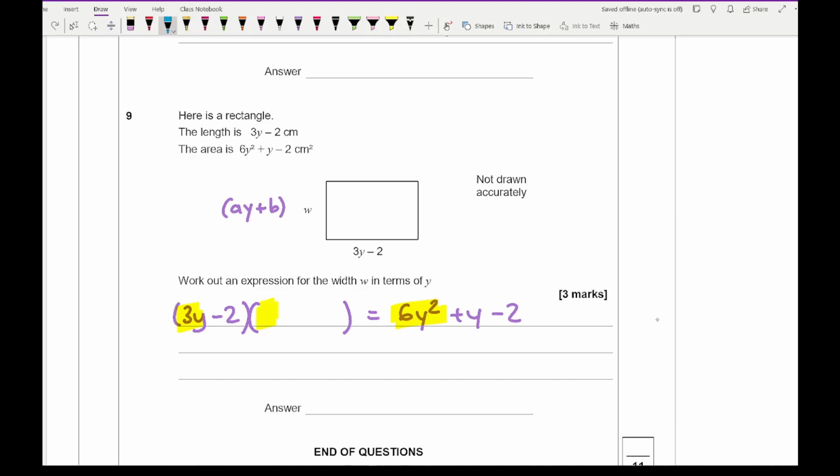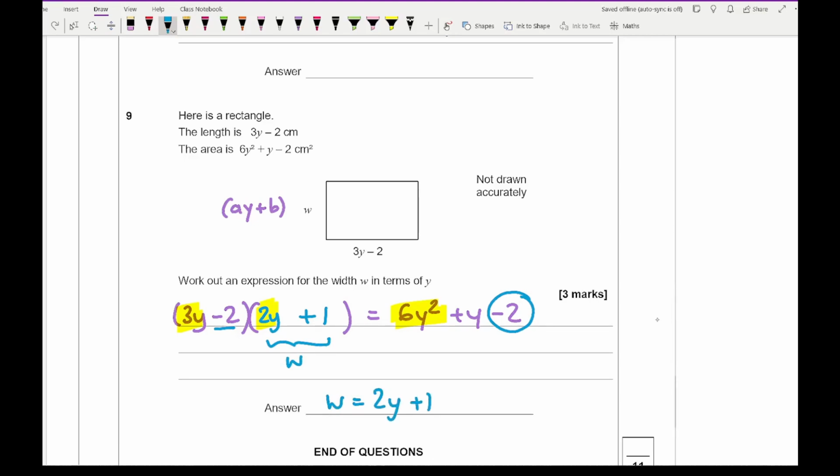Well, that has to be 2y. Now in terms of the minus 2, the only way of getting minus 2 is multiplying by plus 1. So there you can see that w equals 2y plus 1.